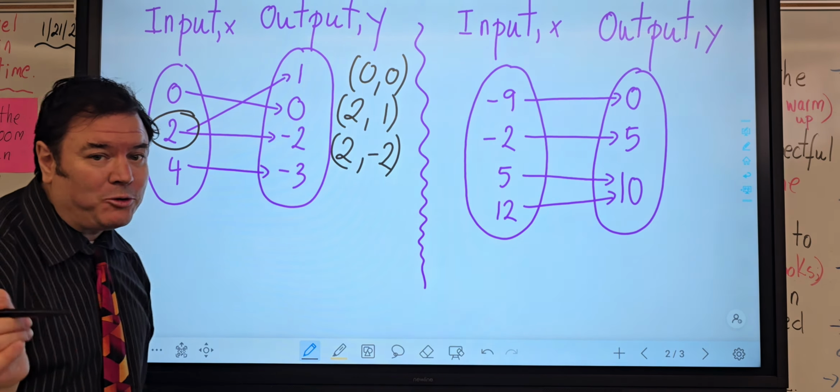That's a red flag. And then 4 goes to negative 3. But we can say this relation is not a function because 2 has two outputs, so not a function.